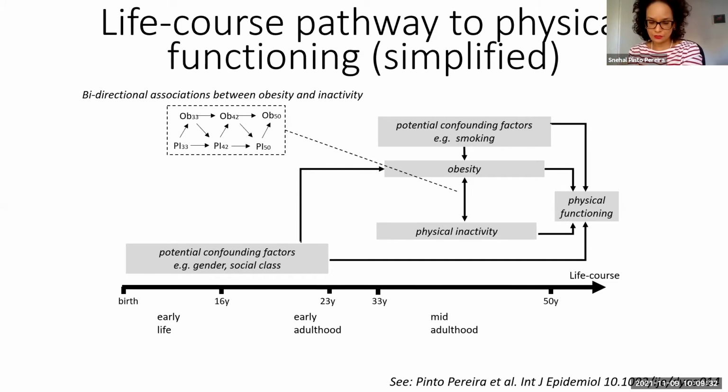And I think that's really useful in settings where you don't have all the money in the world and you need to know where to invest for interventions. So that's one example of where you can use causal inference methods. And here I've used this simplified life course pathway diagram to illustrate causal inference thinking, because I quite like this way of drawing, to be honest.